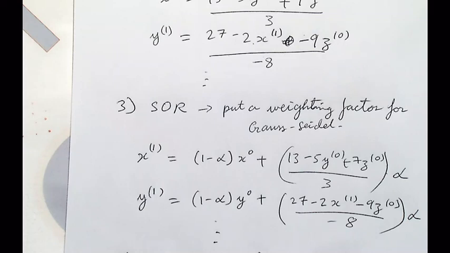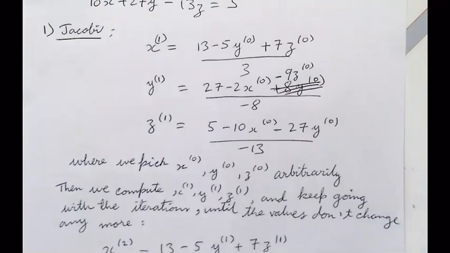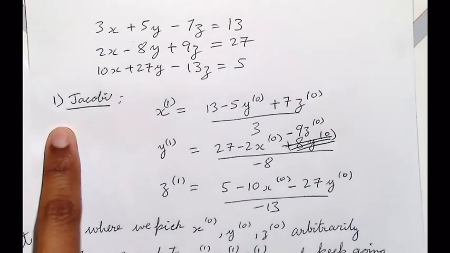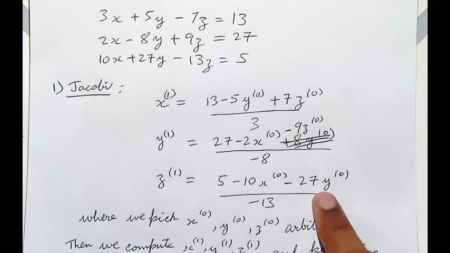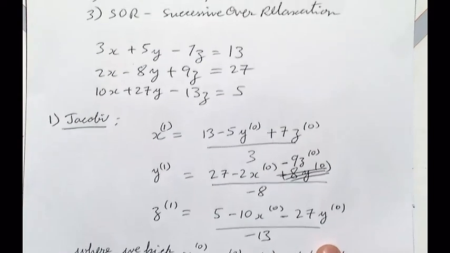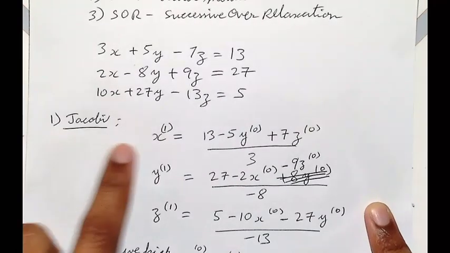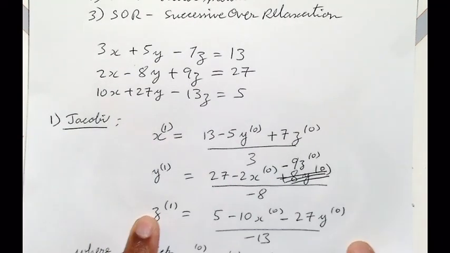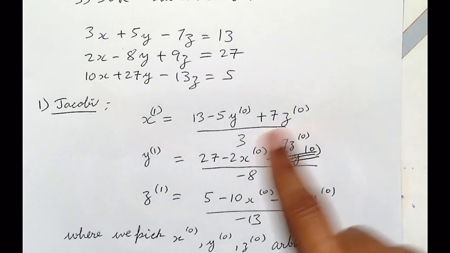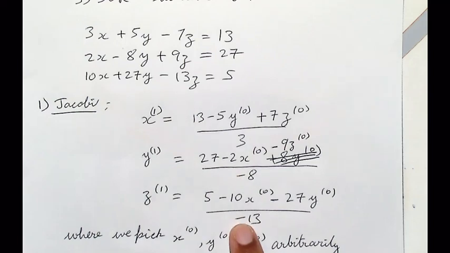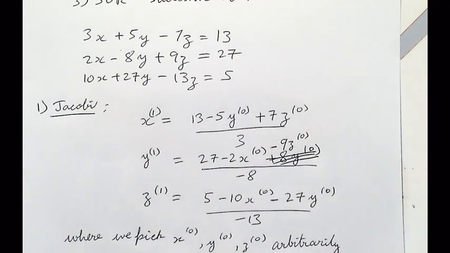Why are they used at all, or why are they mentioned at all? When I was learning parallel computing, that's when I first came across these. So if you see Jacobi, x, y, z can be computed completely independently. You don't need to know x1 to compute y1 or z1. So it was a good toy problem for parallelizing.